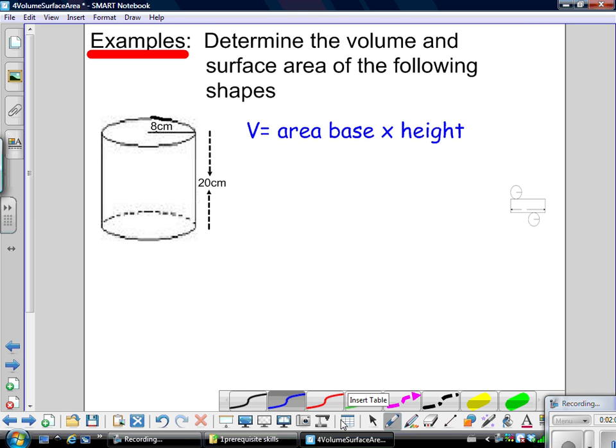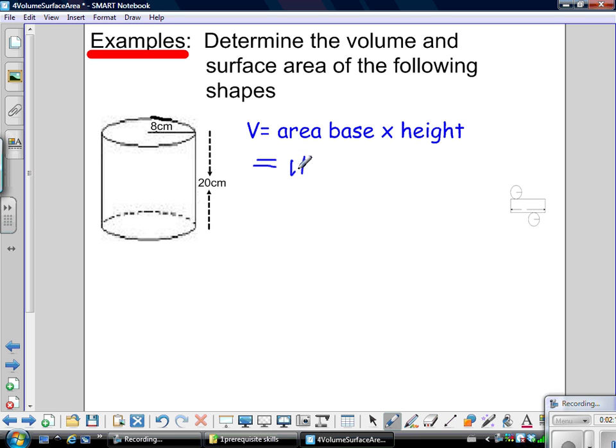Let's take a look. We know that the area of a circle is pi r squared, and we're going to multiply by the height. So that is pi, and you can see our radius is 8 centimeters and our height is 20 centimeters.